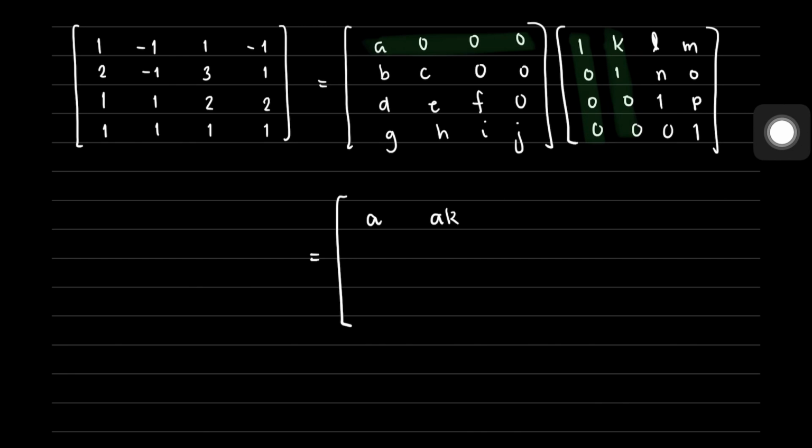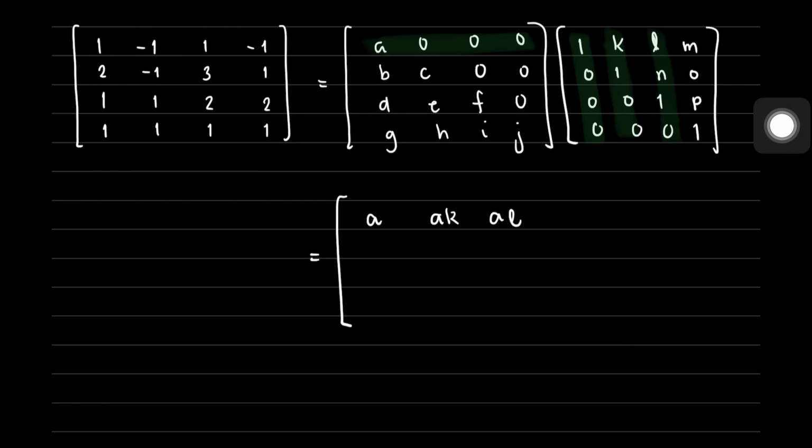and so on. For the third element in the first row of the resultant matrix, we multiply this one with this. That would be a multiplied by l, and then 0 multiplied by n, 0 multiplied by 1, 0 multiplied by 0.